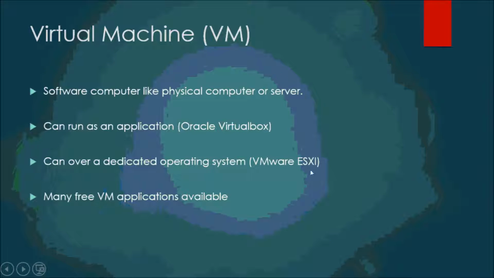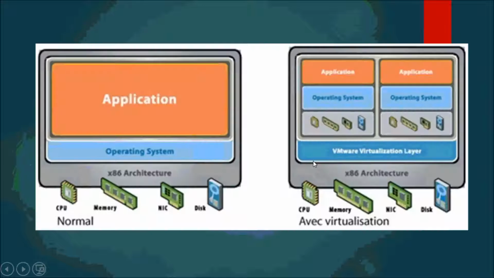So here is the example of VMware ESXi. Here you have your hardware, and then we have virtualization, and then you divide your hardware and your operating system in logical spaces, and then you create virtual machines.